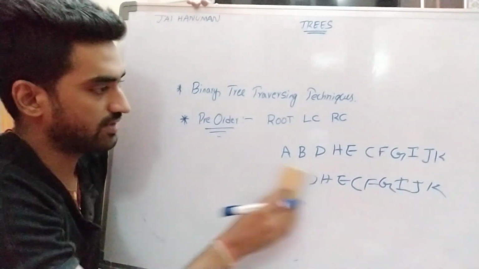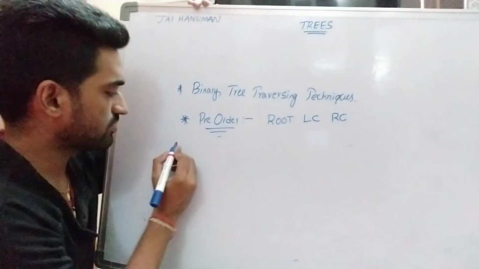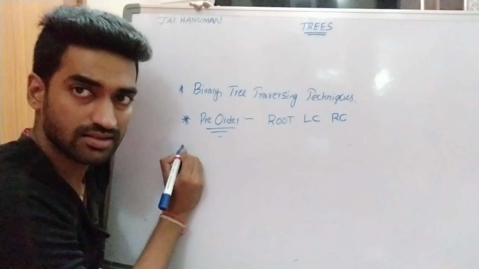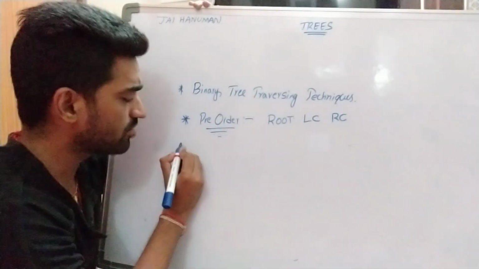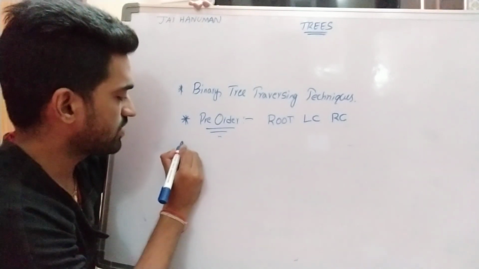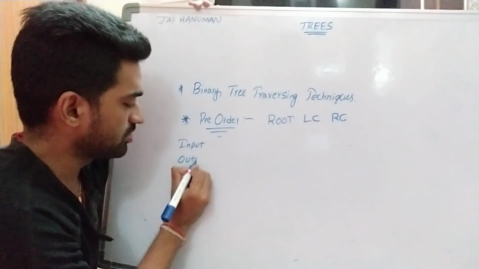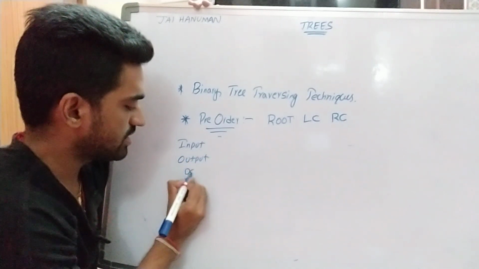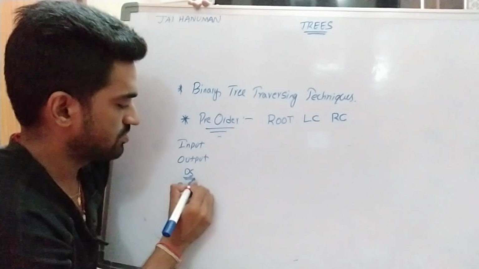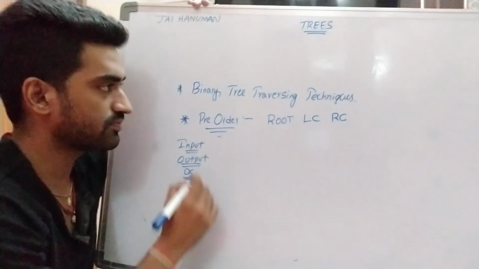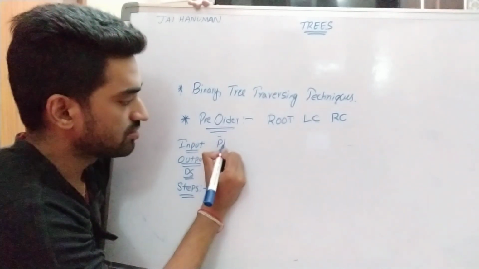So pre-order traversing. So first of all, for each and every algorithm, compulsory we are writing 4 major elements. One is input, output, data structure, steps. So for this operation, I am taking one variable, pointer.